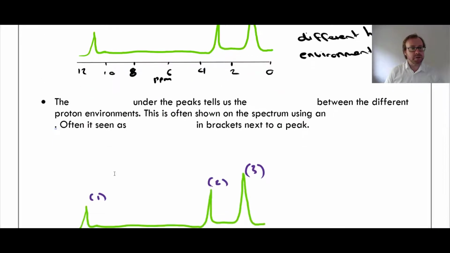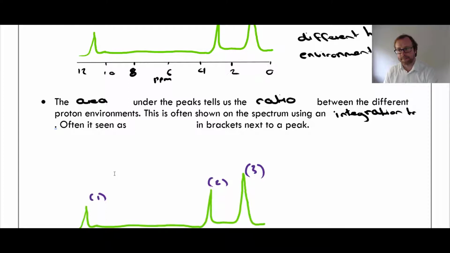Next, the area under the peaks tells us the ratio between the different proton environments. This is often shown on the spectrum using an integration trace, and often is seen as a number in brackets next to a peak.